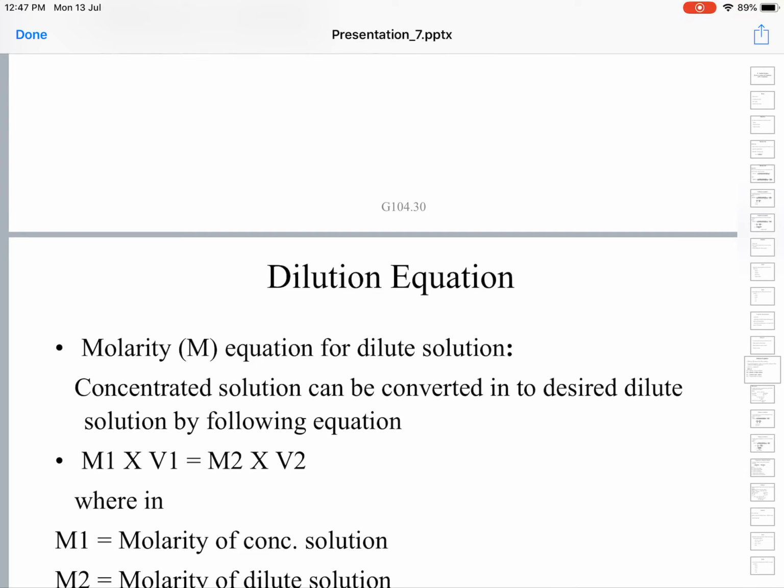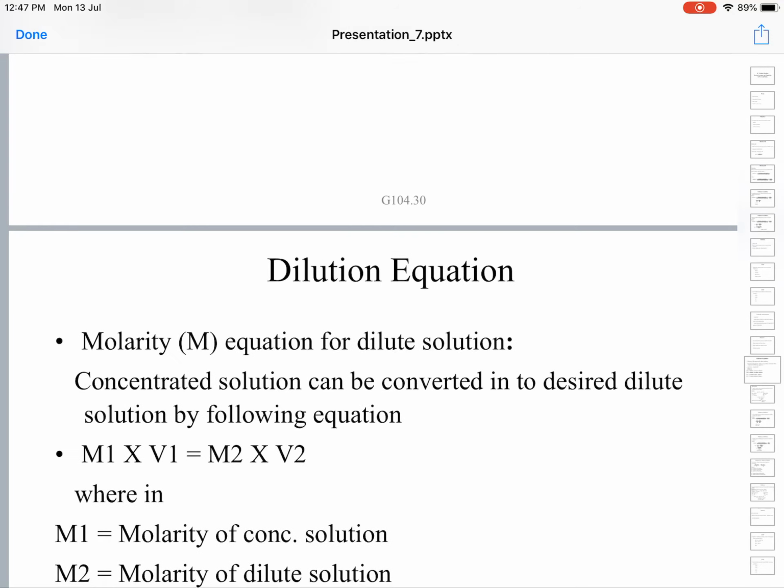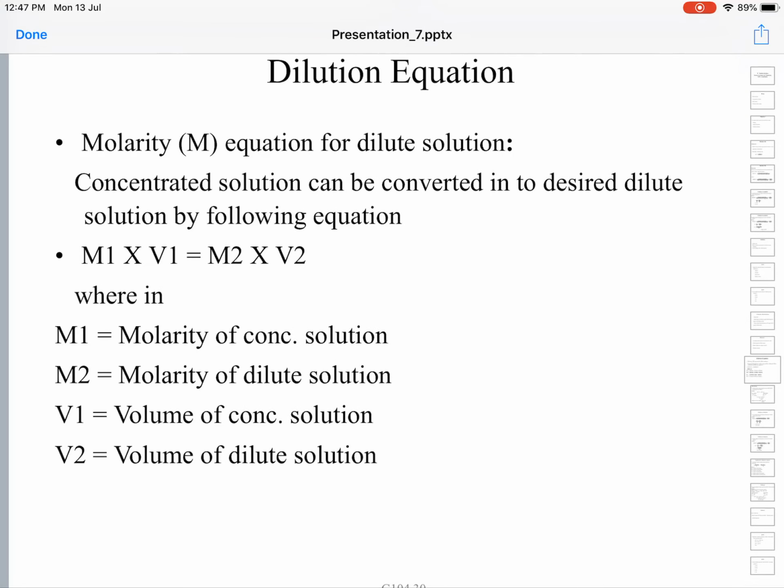For these dilute solutions, the formula applicable for calculations is M1 V1 = M2 V2, wherein M1 is the molarity of the concentrated solution, M2 is the molarity of the dilute solution, V1 is the volume of the concentrated solution, and V2 is the volume of the dilute solution.